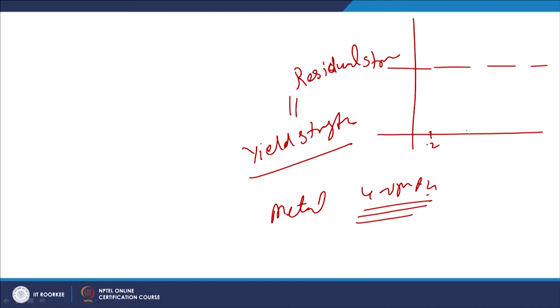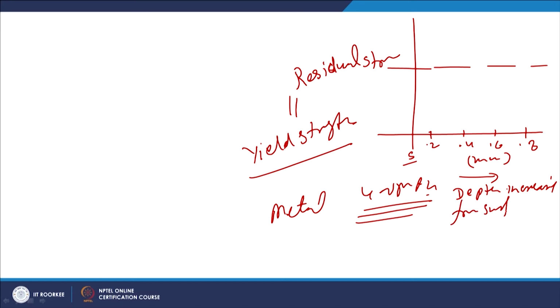Depending upon the material being considered, on the x axis we have depth like 0.2, 0.4, 0.6, 0.8 mm, with depth increasing from the surface, and the y axis shows the residual stress magnitude.